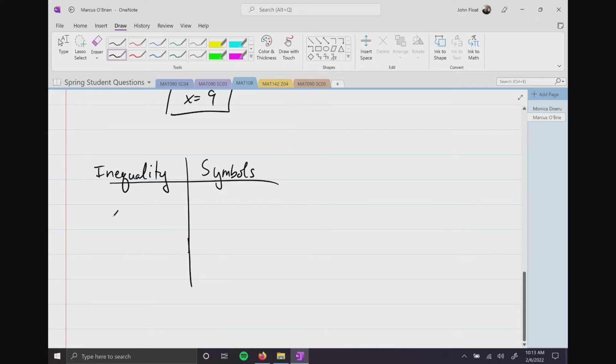If it's less than or greater than, you would use parentheses or the open dot, okay? If it's less than or equal to or greater than or equal to, you use brackets or the closed dot. And you have to make sure it's completely filled in. And then just remember, plus or minus infinity, we'll always use parentheses. You will never, ever use dots for them. Always parentheses.